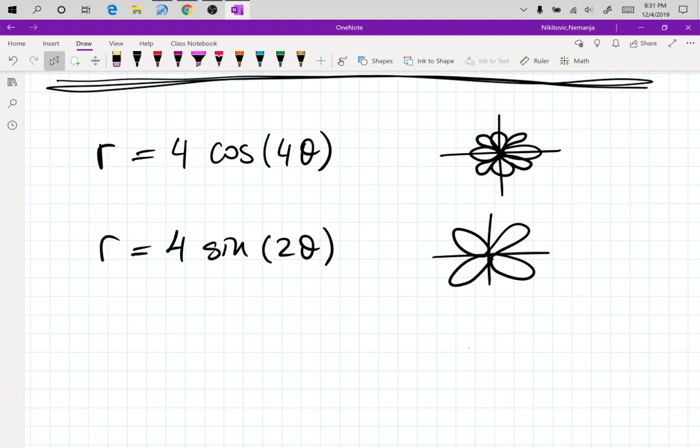Now you say, who cares? It's just a flower. Yeah, but these might be the blades of a propeller of some kind, in which case you definitely want to know the area, because then you are pushing air to propel either your boat or your airplane, which makes sense, right? So all of a sudden these flowers become things that we build.